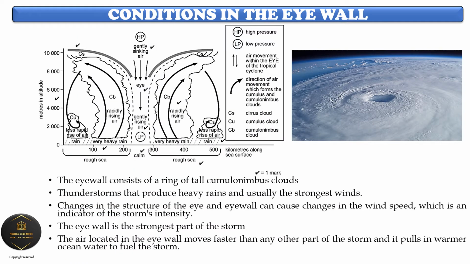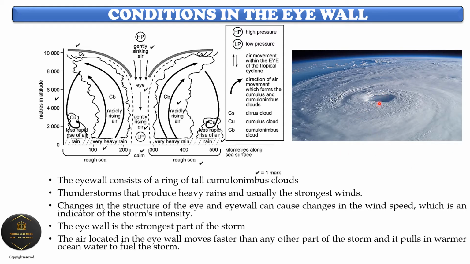In the eye wall, we are going to experience slightly different conditions from that of the eye. I hope we understand that. So for starters, I just want us to look at a picture identifying the eye wall. If you look at the diagram on the side, this is showing us a fully developed tropical cyclone in the mature stage.